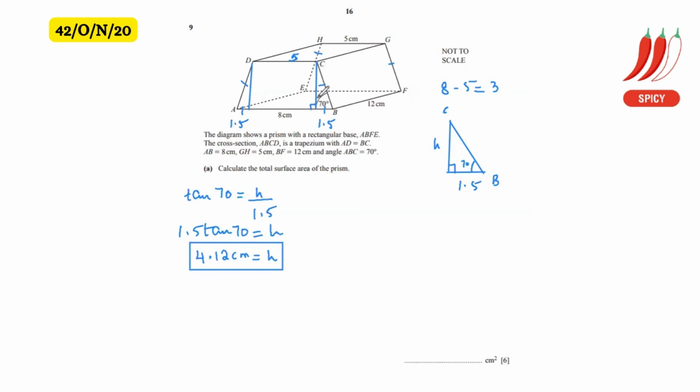Now that we know the height of the trapezium, we can easily find the area of the trapezium faces because the area for a trapezium has a formula of 1/2 times height times sum of parallel sides.